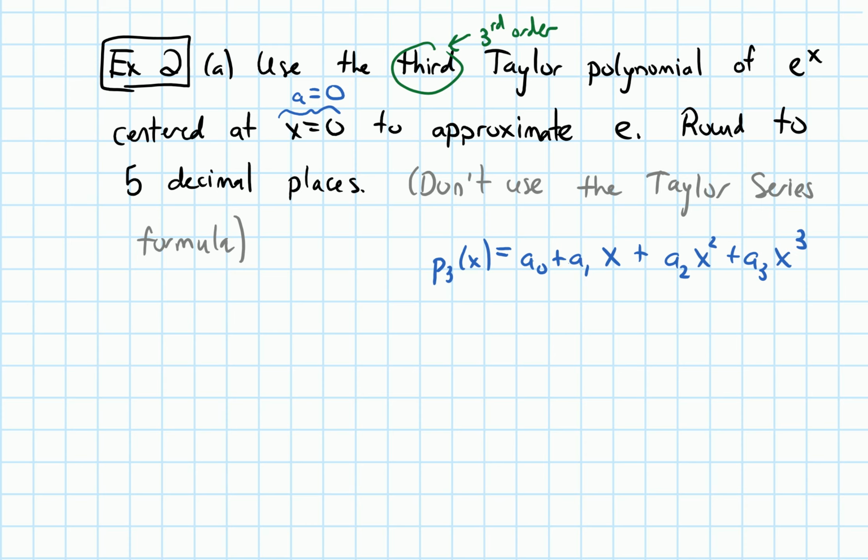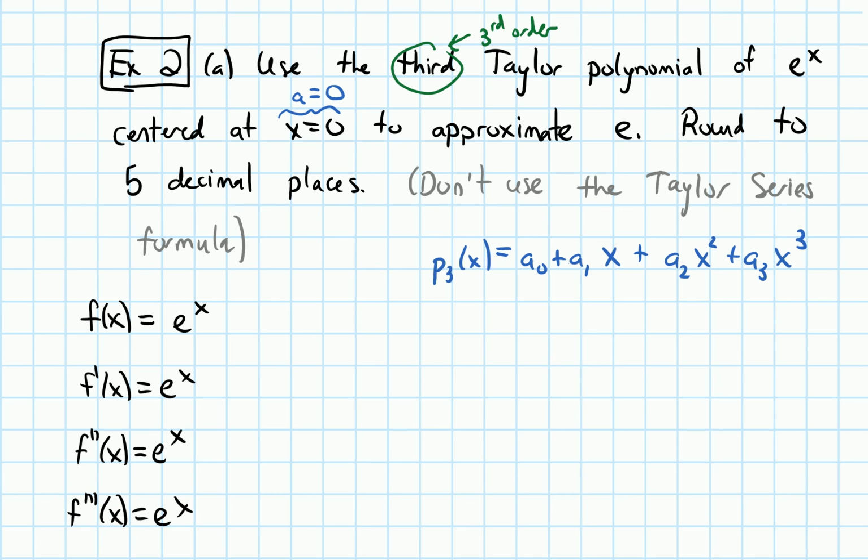Okay, so I got to start with my original function, f of x equals e to the x. And I'm going to have to take the first 3 derivatives of this. So let's take the first derivative, but luckily all the derivatives of this are the same, which is going to make a lot of our computation pretty quick. So even the third derivative is just e to the x.